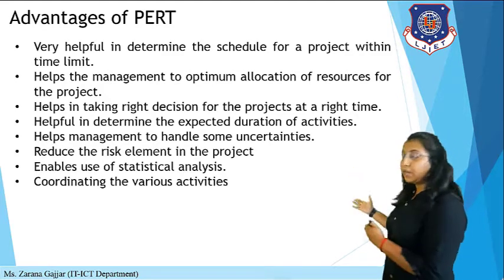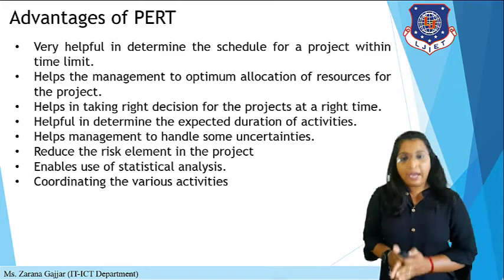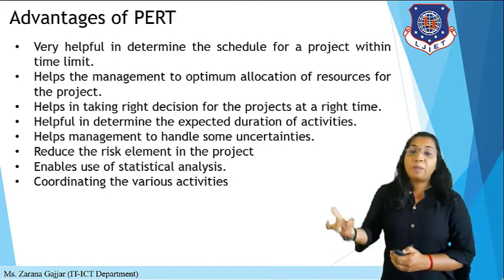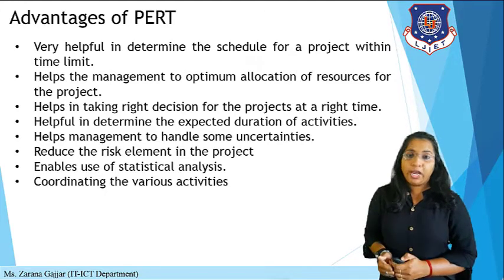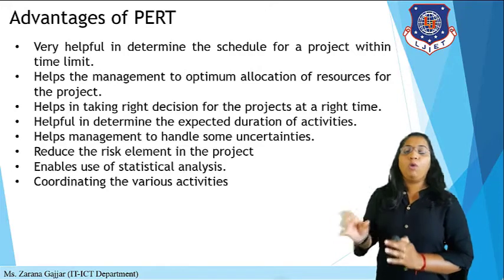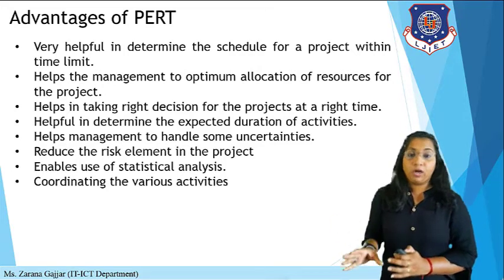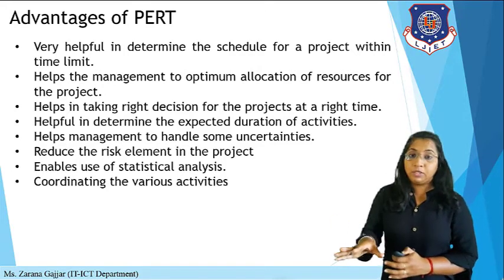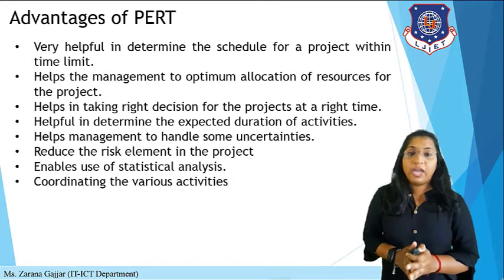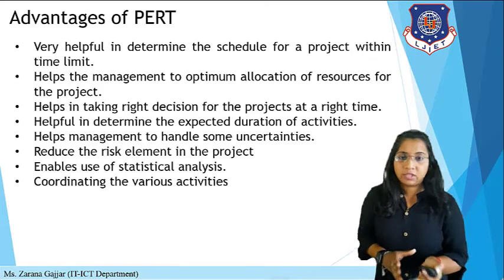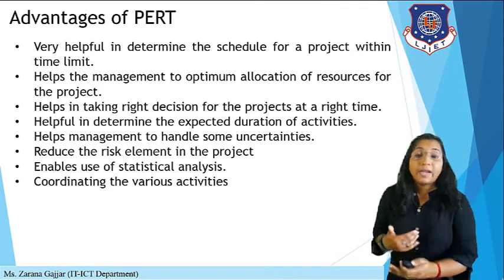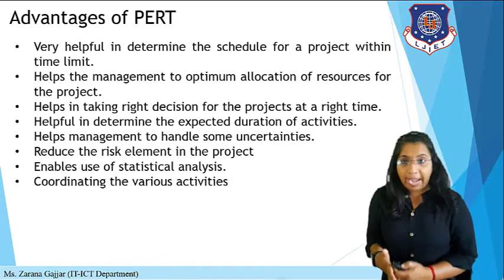Then it will also help you determine the expected duration of activities. For example, if this is a 6-month work and you have done 50% of the work but have taken 5 months, you have just 1 month to complete the remaining 50%. So you can also schedule the next deadline. This helps you determine the expected duration for each and every activity.